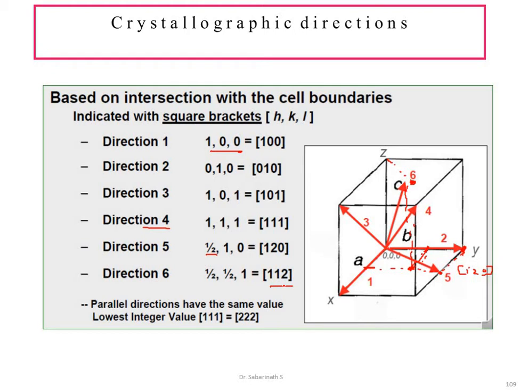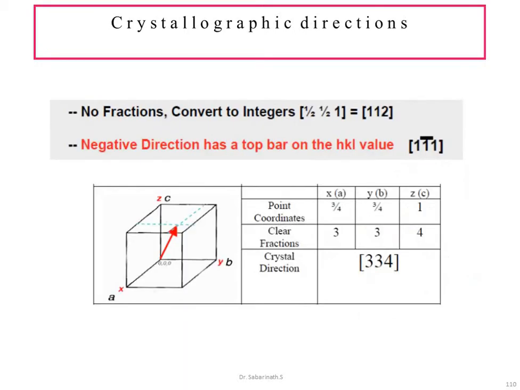Now let us see the next thing. As I said before, there should not be any fractions. We will convert everything to integers. If you take half distance from the x-axis, half distance from the y-axis and 1 unit distance in the z-axis, we will represent it by 1, 1, 2. That means we need to multiply with 2, since the common denominator is 2.